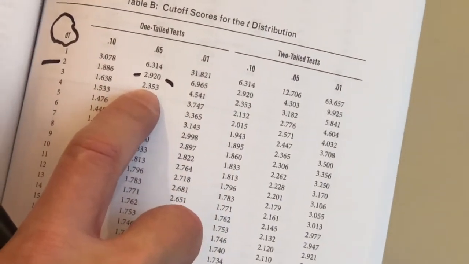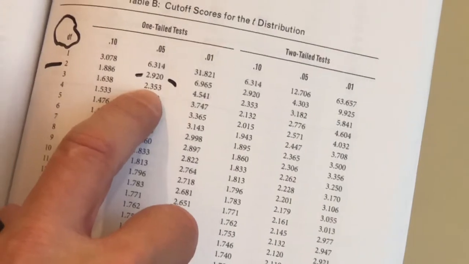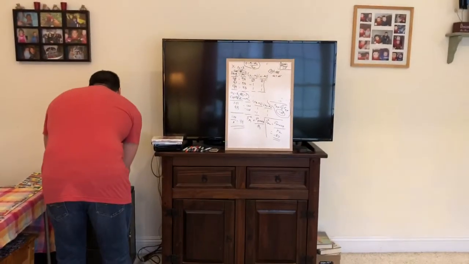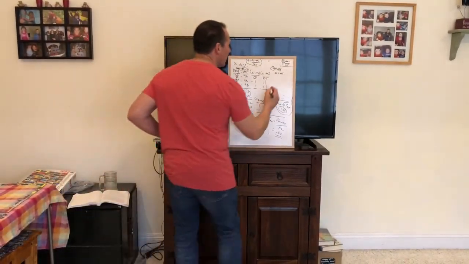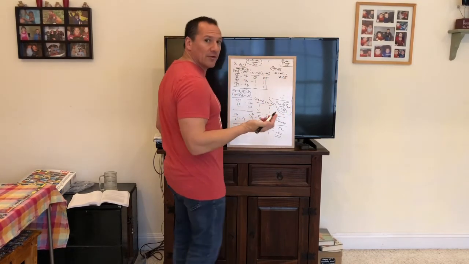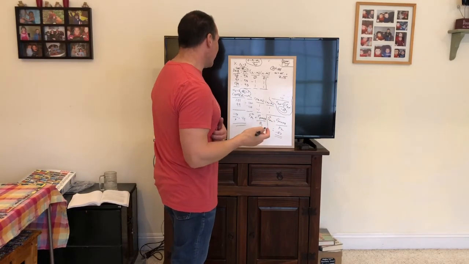So we're going to go over here, and you see this right here, 2.35. That is the answer, 2.35. Okay, so that is how we figure out the critical value.